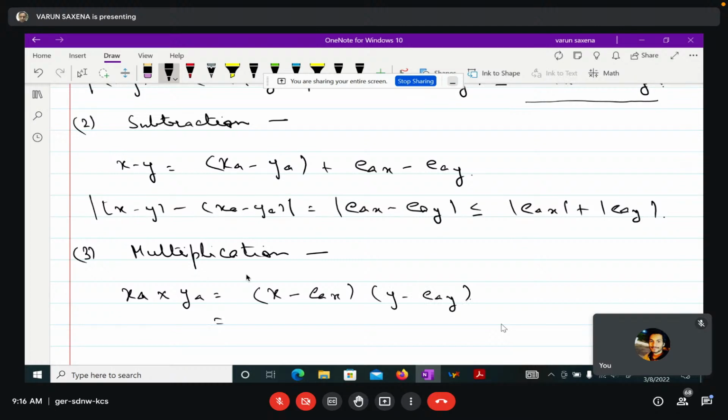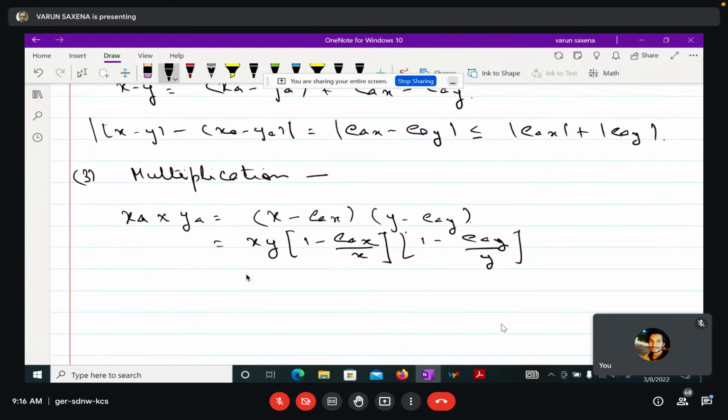Right? So if I take x and y out, I'm left with x times 1 minus eax over x, times y times 1 minus eay over y.